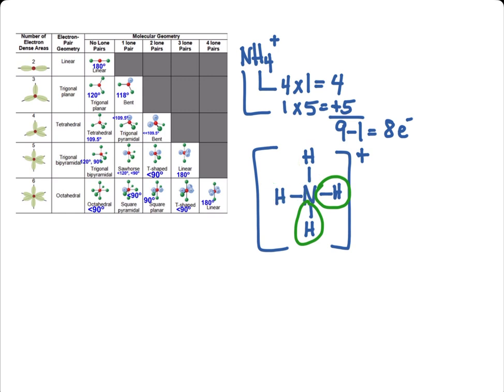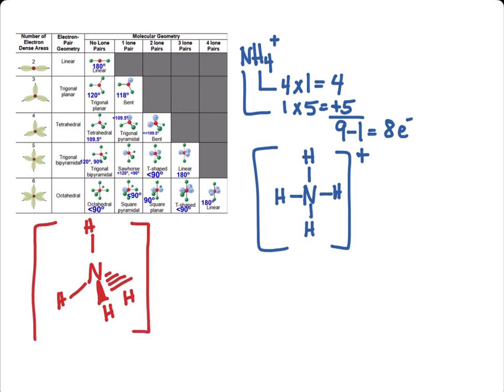So 4 electron groups refers to steric number 4, and no lone pairs on the center atom refers to the tetrahedral shape. So I'm going to draw the tetrahedral shape. Nitrogen has 2 bonds in the plane of the paper, 1 bond coming at you, and 1 bond going away from you.